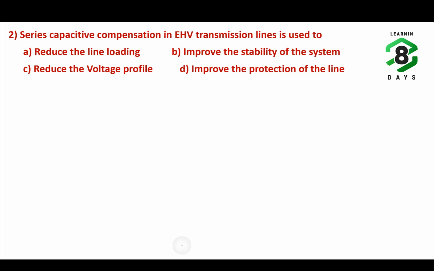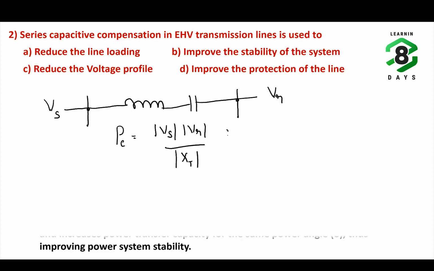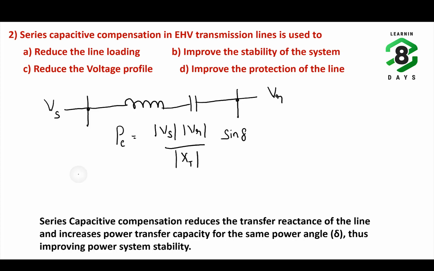Once you add a series capacitor, suppose this is the sending end and this is the receiving end, the overall transfer reactance between the sending end and the receiving end is reduced. The power transfer formula for a lossless line is mod Vs into mod Vr divided by mod Xt, where Xt is the transfer reactance, into sine delta.